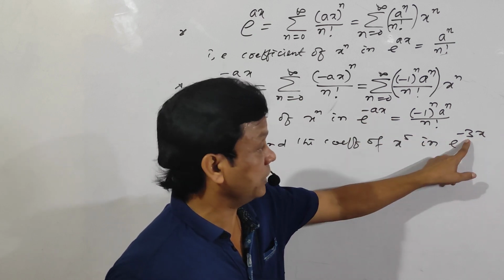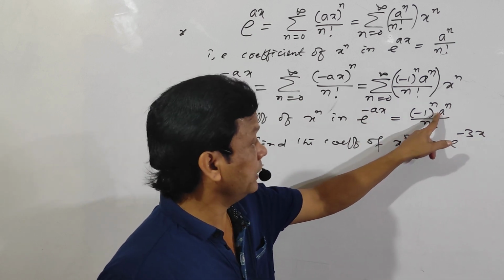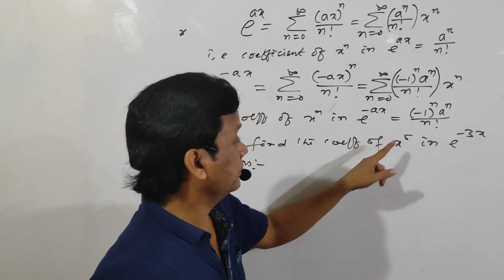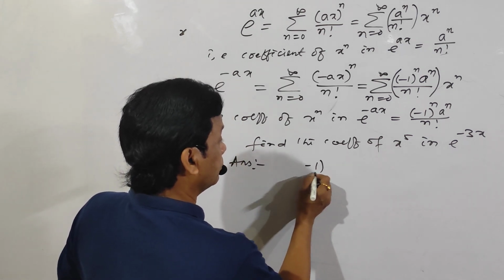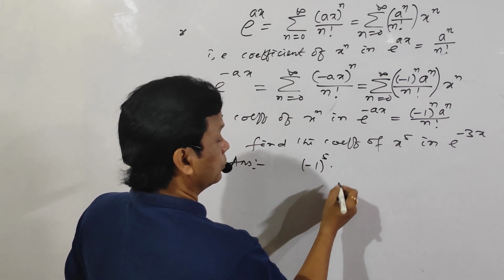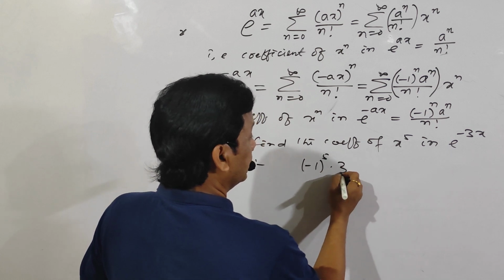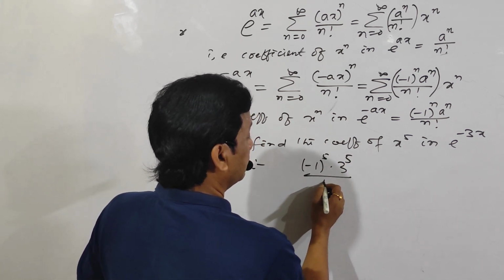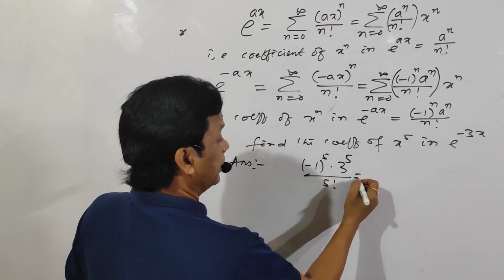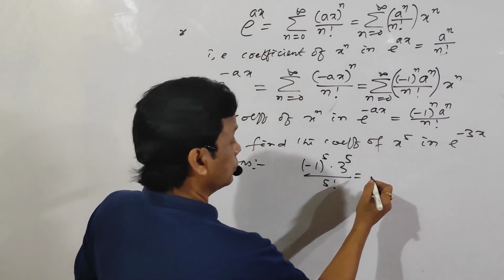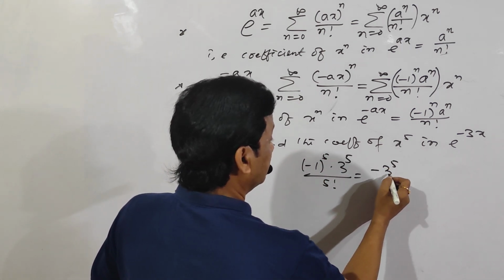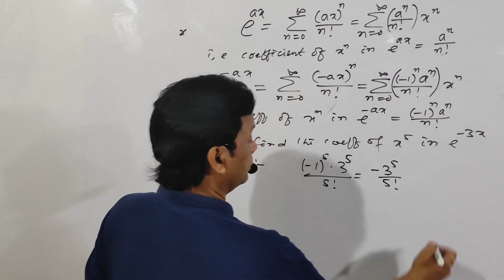That means a is equal to 3. Put a is equal to 3 and n is equal to 5. So the answer is minus 1 to the 5 into 3 to the 5 divided by factorial 5. And minus 1 to the 5 is negative. So minus 3 to the 5 divided by factorial 5. So this is the answer.